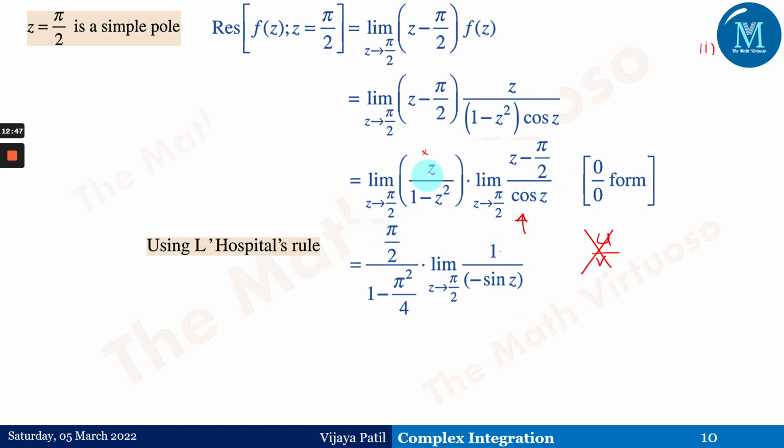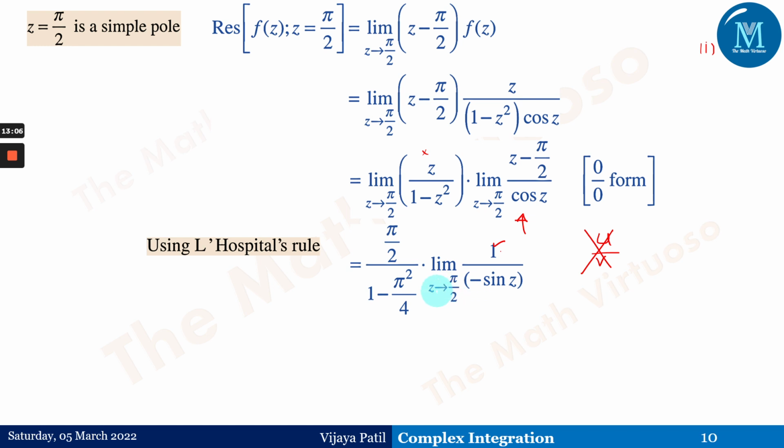So in the first bracket there is no issue, so we directly put the value of z as pi by 2 in both the numerator as well as the denominator. The second case is a little different. As I have told you, the differentiation of z minus pi by 2 with respect to z gives us 1, and the differentiation of cos of z in the denominator gives us minus sine of z.